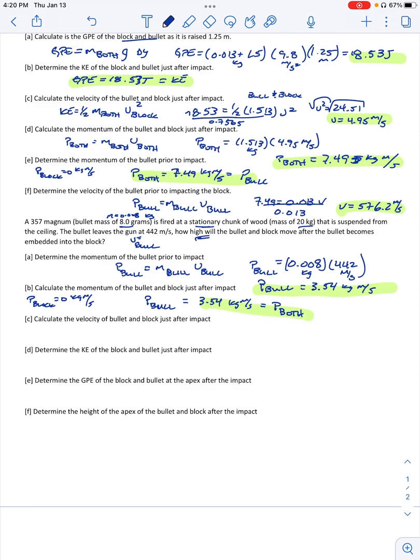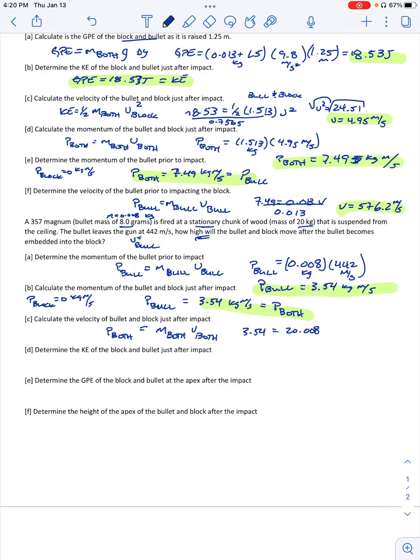All right. Calculate the velocity of the bullet and block just after impact. Well, we don't have kinetic energy. All we have is momentum. So that's the only way that we can solve for our velocity. If we know the momentum of both, then we can use the mass of both and find that velocity of both. So 3.54 equals the mass of both, so that's going to be 20.008.